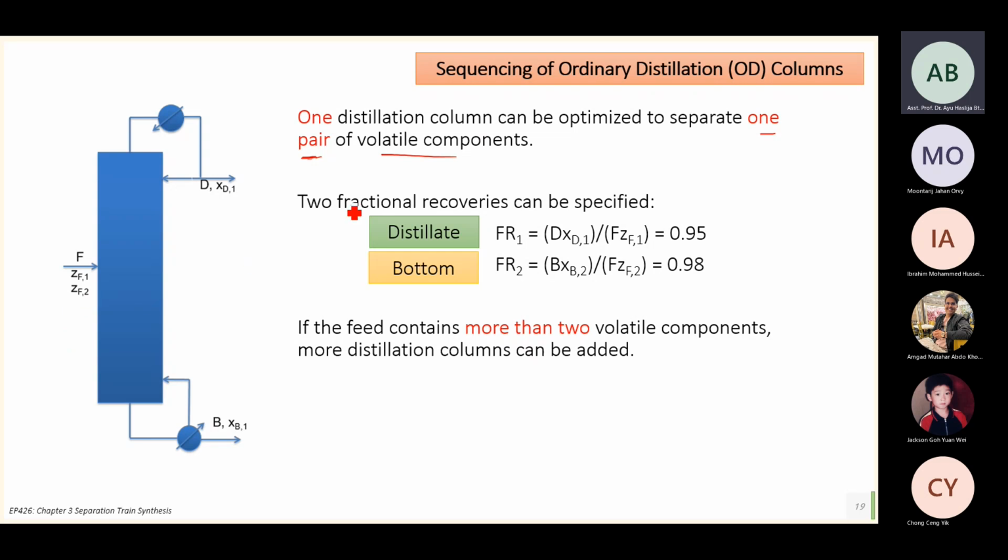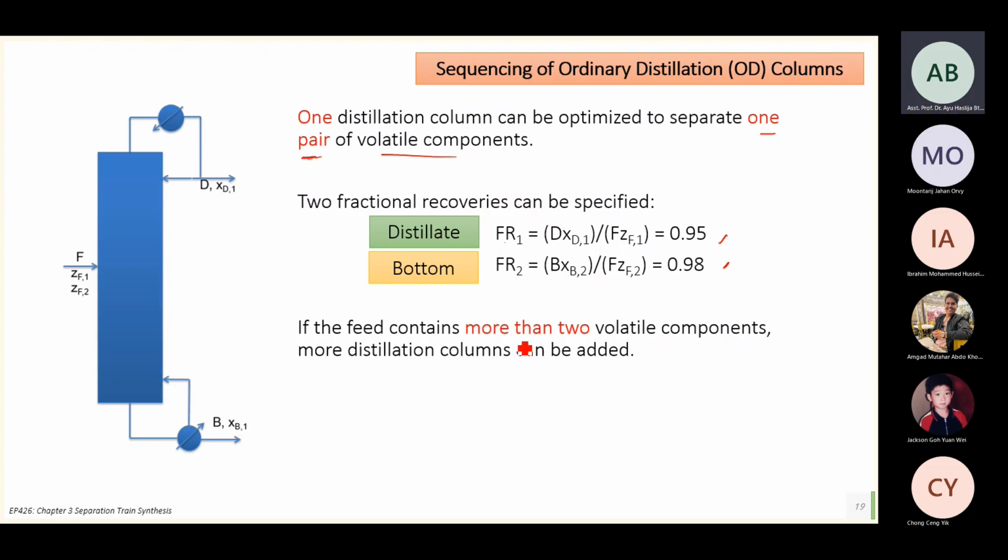Usually, if you have two components, one distillation unit is enough. Two fractional recoveries can be specified as this. Fractional recoveries are around this figure. Distillate can be up to 0.95. Bottom, this one.